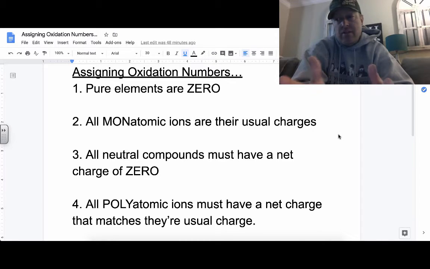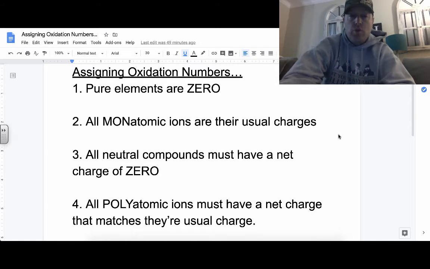These are things we would see by themselves, with typical +2 or +1 charges. Number 3: all neutral compounds must have a net charge that equals 0. When we put compounds together, their overall charge is 0. And number 4: all polyatomic ions must have a net charge that matches their usual charge.